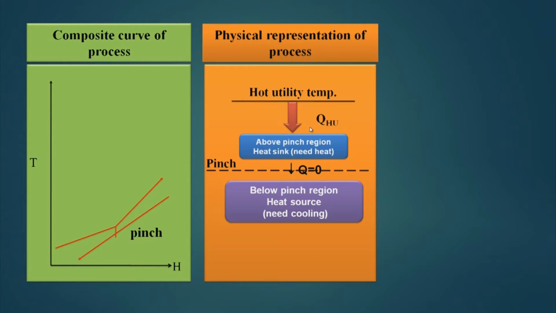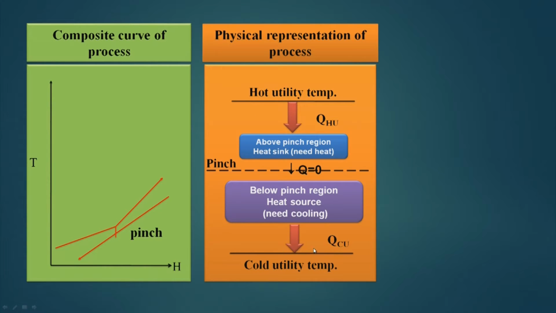So, heat QHU, which is the hot utility, comes to the above pinch area. Here 0 heat passes through this pinch, and below the pinch, to the cold utility it goes, QCU, minimum cold utility, and this is minimum hot utility.